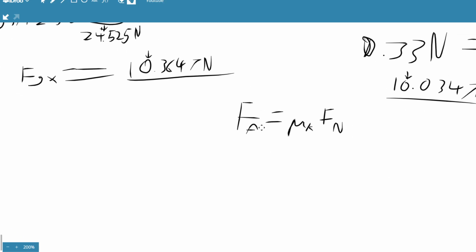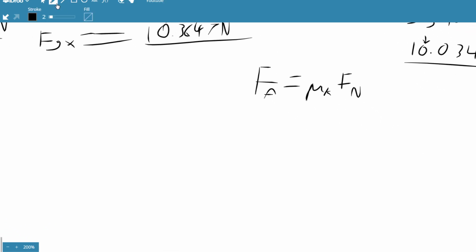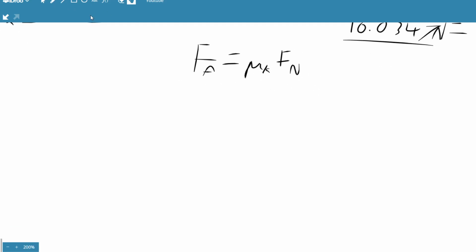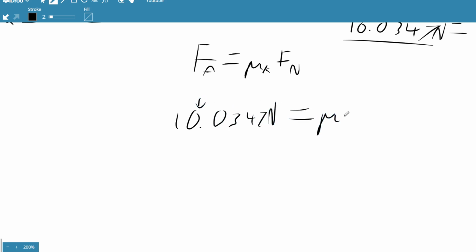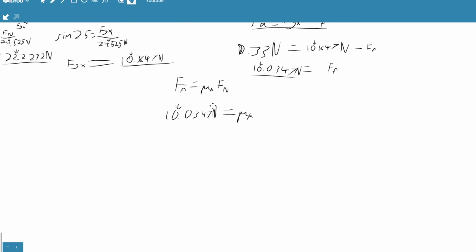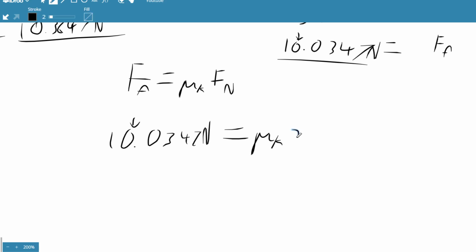Now we can finally use our formula. FF, what was that again? 10.0347 newtons, 2 sig figs. I'll try to hurry up now. Mu k times Fn, 22.2272 newtons, brackets.